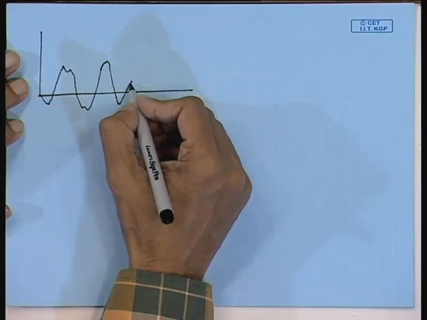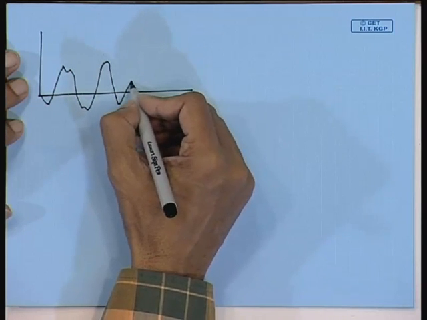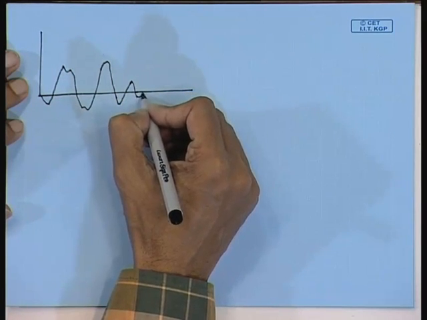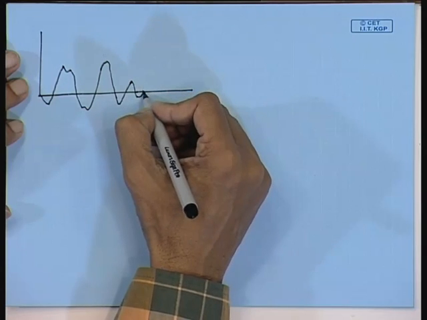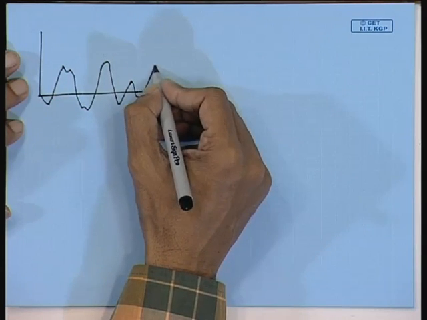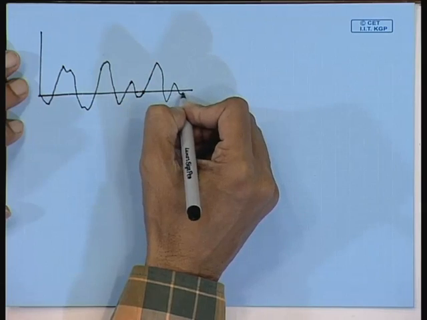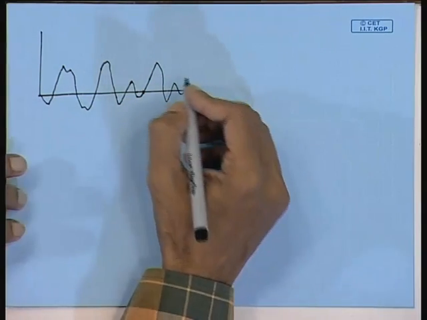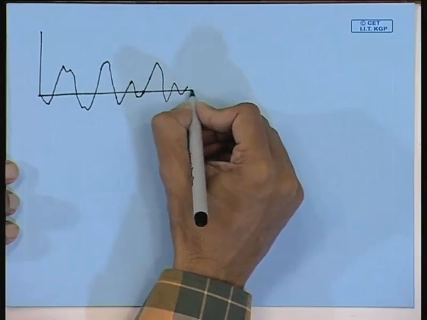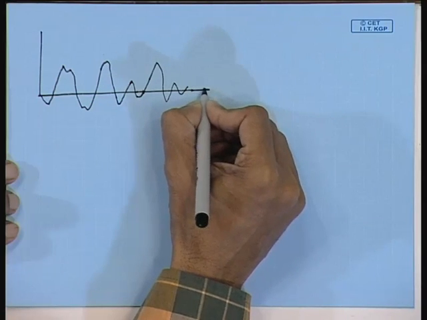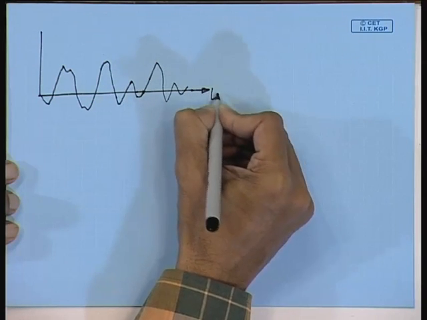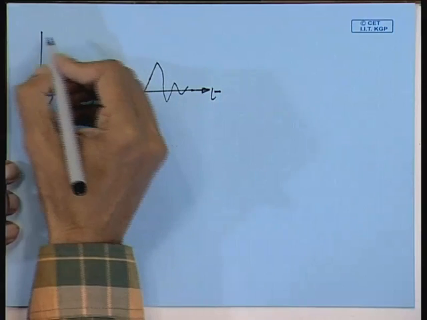This is a random signal, isn't it? In vibration, we call a wave a signal. So this is a random wave. This is what you are getting from the wave buoy. With respect to time, you are getting a surface elevation.